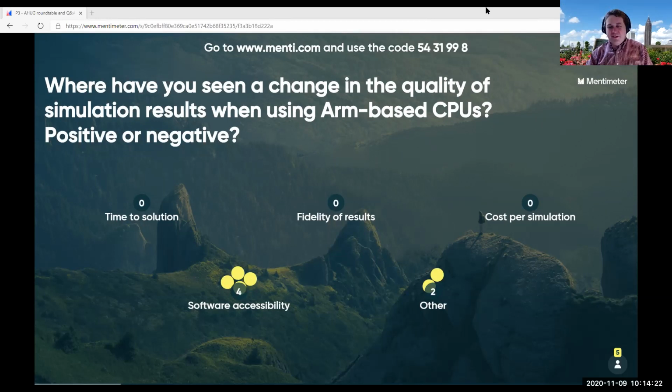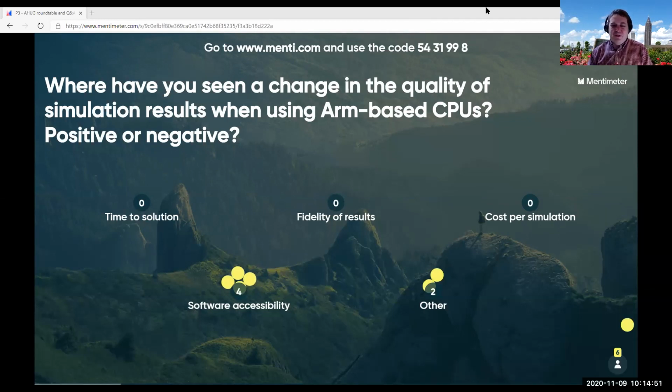Yeah, I think, like Sai says, it depends on what you're looking at and what you're comparing against. I think specifically this question was meant to say comparing ARM versus ARM. What do you see as the changes there? And definitely, looking at our last panel, with EasyBuild and Spack and OpenHPC, I can see where a lot of people would vote for software accessibility.